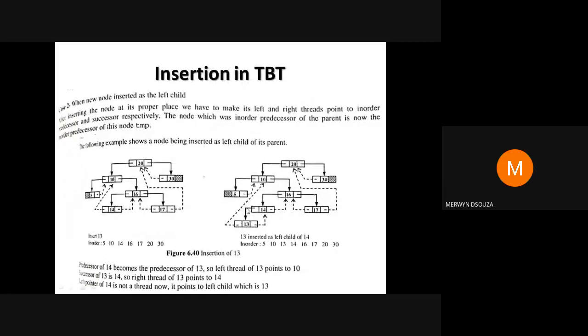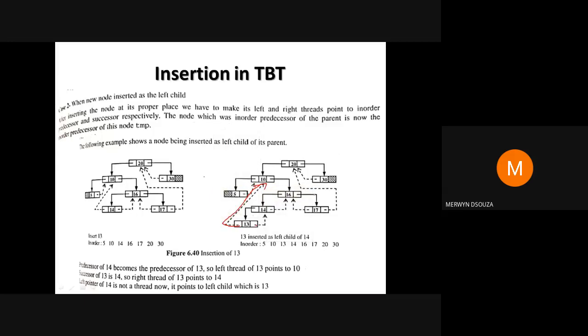Okay, and the next thing you have to know is how to do in order traversal. If you know what is in order traversal, then this thing is easy. Then you have to know what is the predecessor and what is the successor of a given node. And once you know that, it's just a question of putting the right kind of pointers. Don't make a mistake and be overconfident and put a solid arrow here like this.